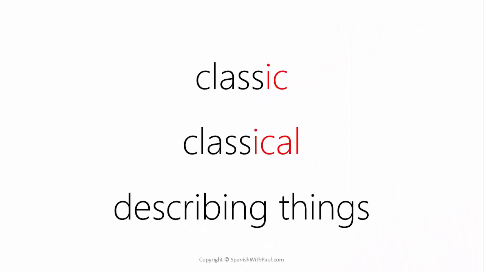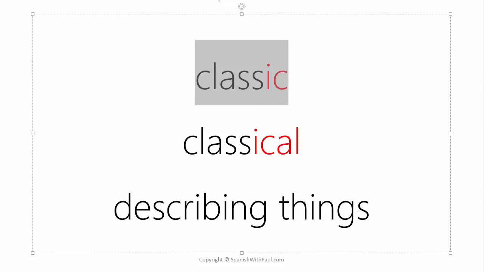Once again, we've covered quite a lot of material in this video, so quickly to recap, we saw how carrying on directly from category 7, not only will classic become clásico, but also words ending in ICAL, like classical, will also go to clásico. So this really adds a lot of extra words to your vocabulary without any extra effort, because in Spanish, it's the same word for both.